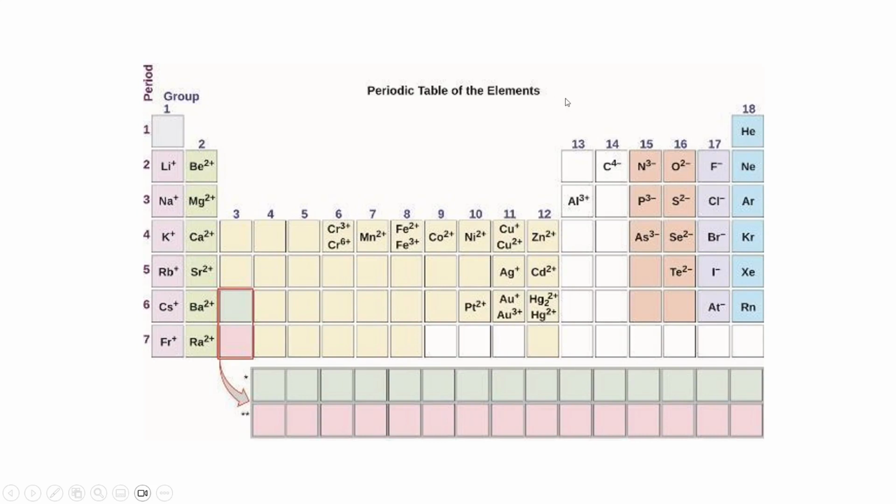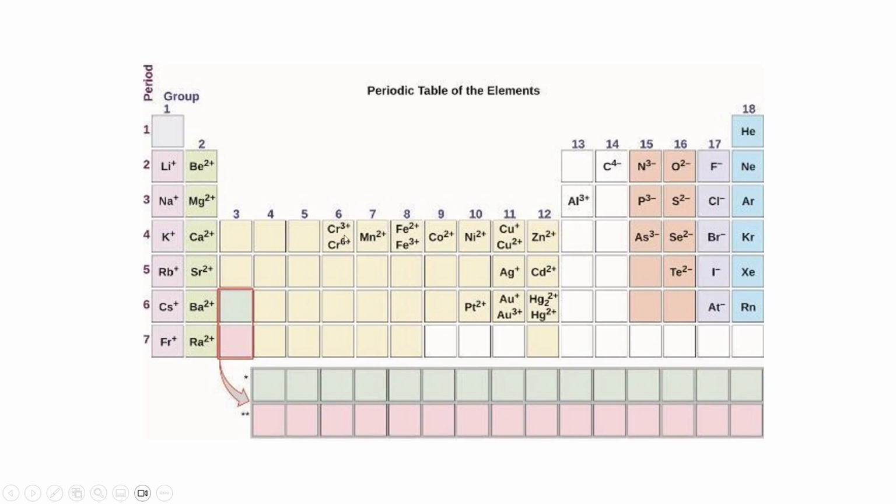Then we go over to group 3A, we have Al3+. And then we're at the anions. So we have group 5A. These are going to have a 3- charge. Group 6A, -2 charge. Group 7A, -1 charge. And then there's no charge on these noble gases.